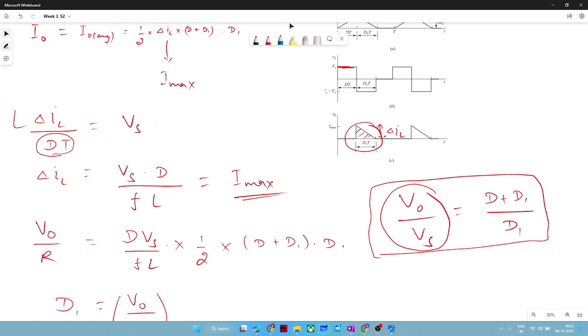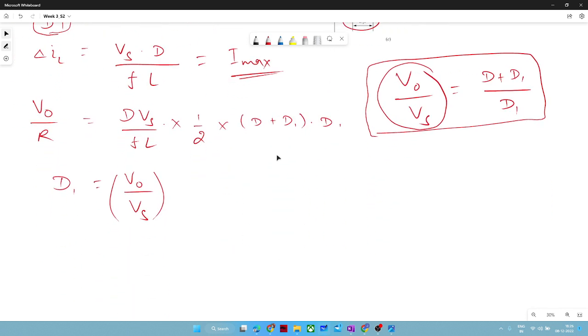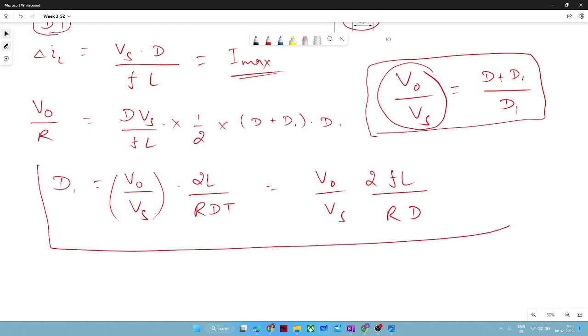So finally, I am writing the expression for D1, and that is nothing but V naught by Vs and 2L by R into D into T. So again, V naught by Vs, 2fL by R into D. So this is your expression of D1 in terms of D and some other known parameters.